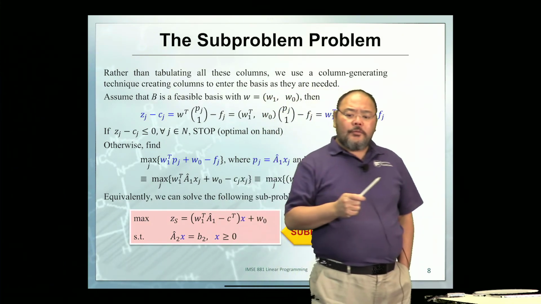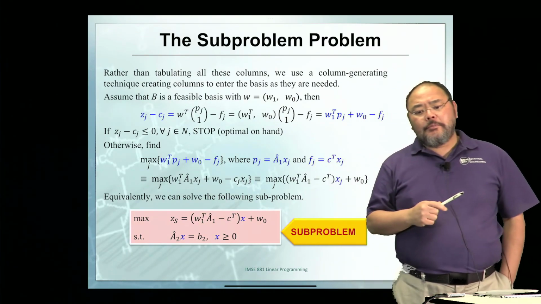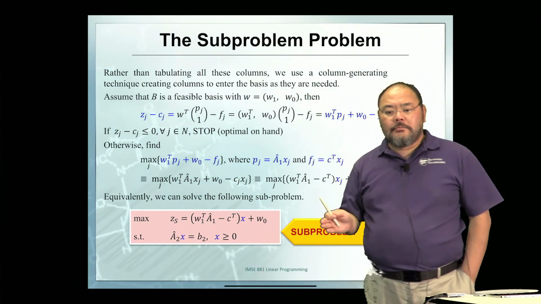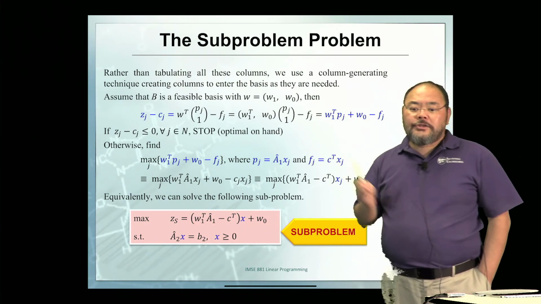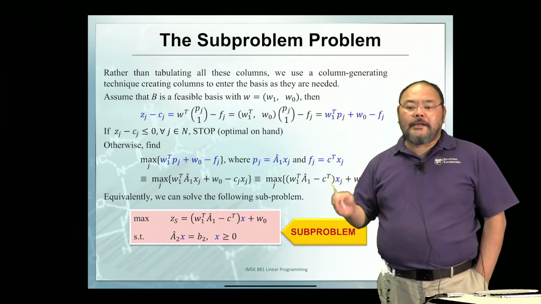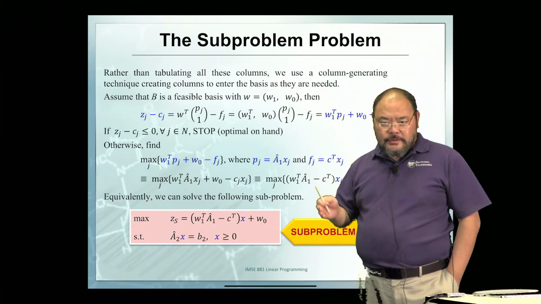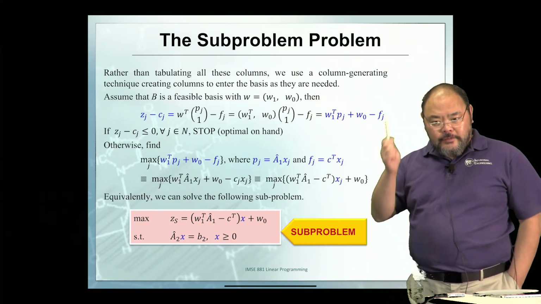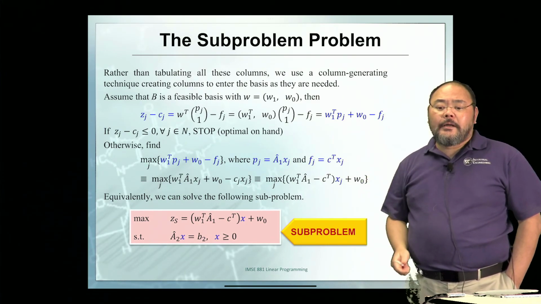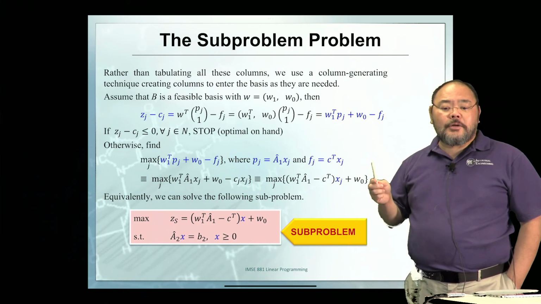So basically, we don't keep all the non-basic variables in our tableau. We're just trying to find a column, which is a non-basic variable, and see if it can enter the basis for the master problem.